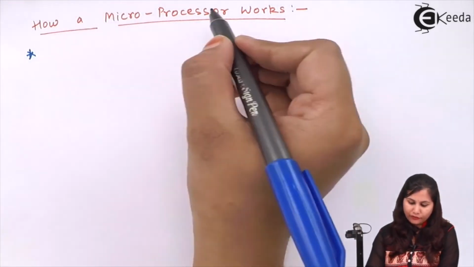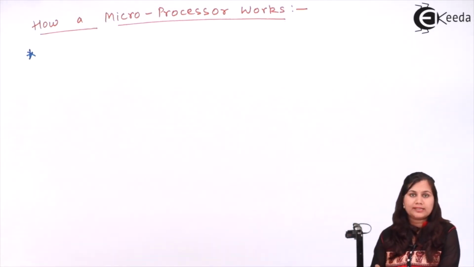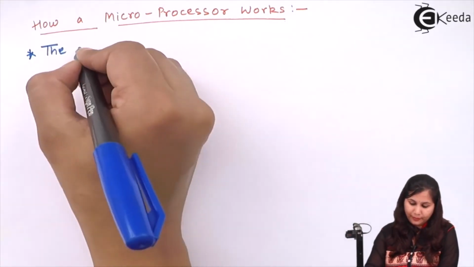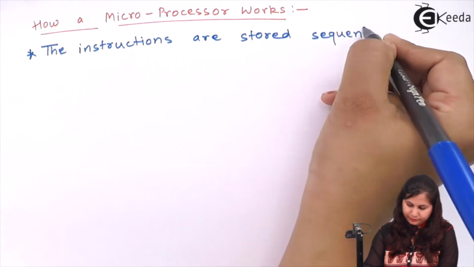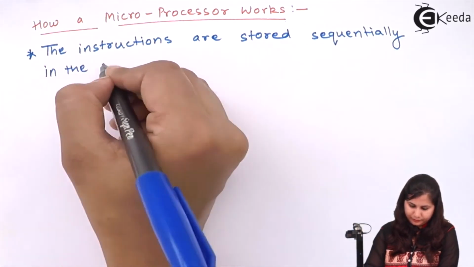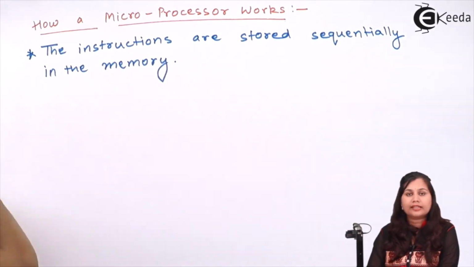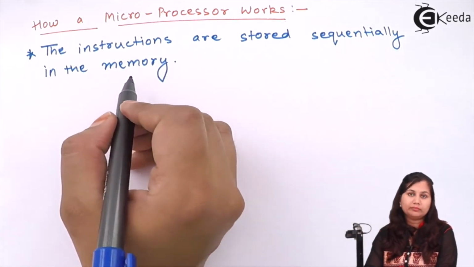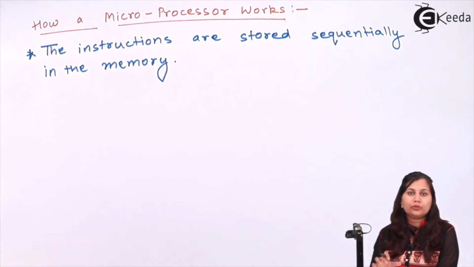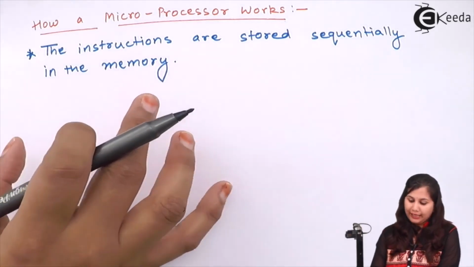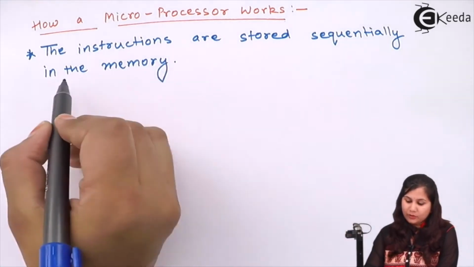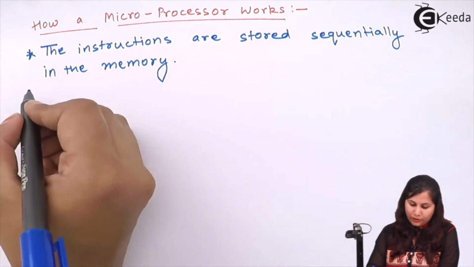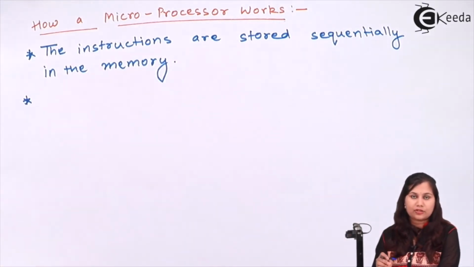The first task of the microprocessor will be to read the instructions. The instructions are sequentially stored in the memory. The programmer makes a program and it is stored in the memory, and when the microprocessor runs the program, it reads the instructions one by one. So first it will fetch the first instruction.